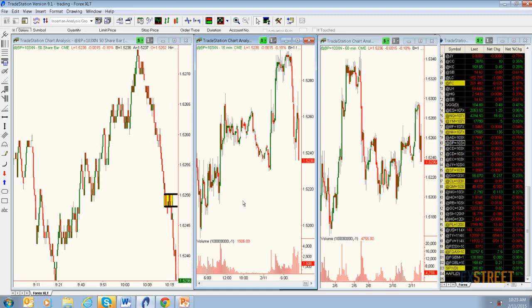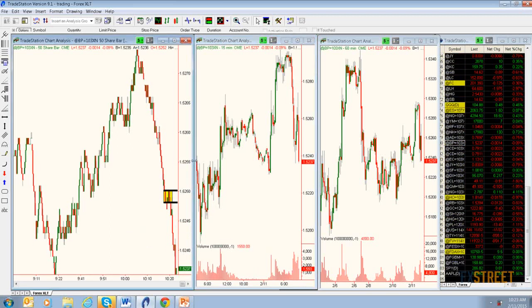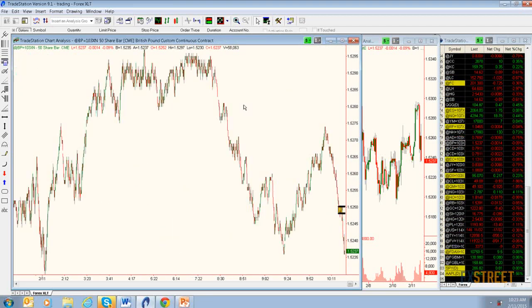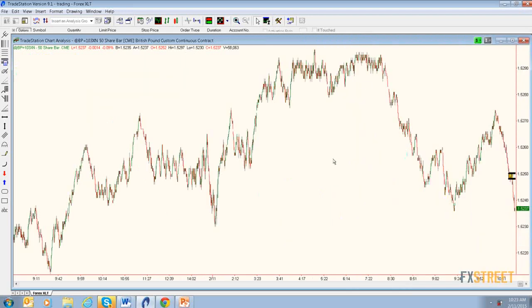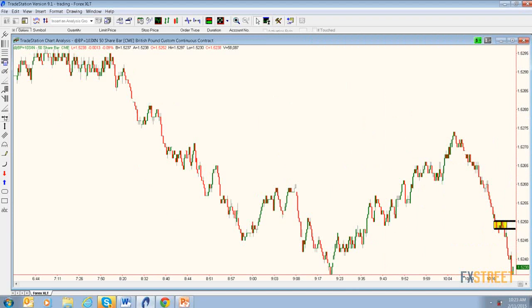And now it's moving lower because there's no demand yet. We're down to a 15-minute chart here. There's no demand, but let's look at this time frame. Let's look at the share bar chart and see what we can find. Let me blow this up. Let's put a horizontal line in.